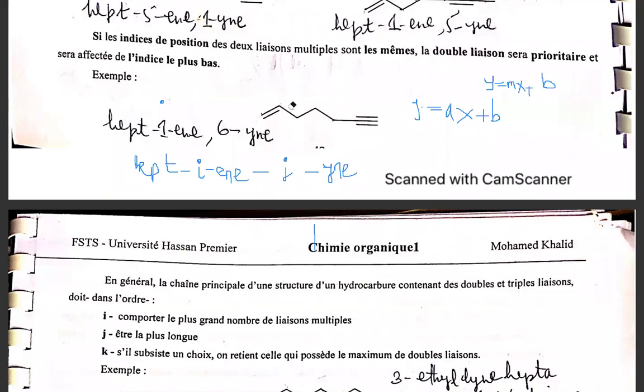Now, what is the position of the double or the triple liaison? At position number 6, we have our triple liaison. Then what's the index for the double liaison?